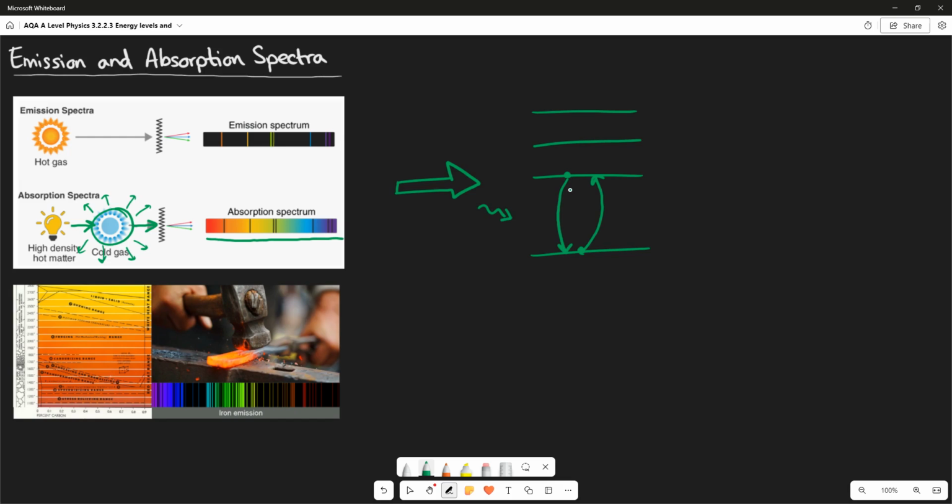And because every element has a unique set of energy levels, we are able to look at the patterns and see, oh, this must be hydrogen, or this must be helium, or there must be mercury in there somewhere. And we can see what the composition of that gas is. We can do the same thing with a hot gas.